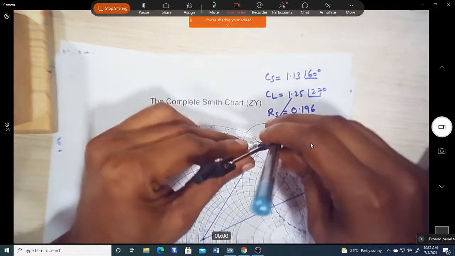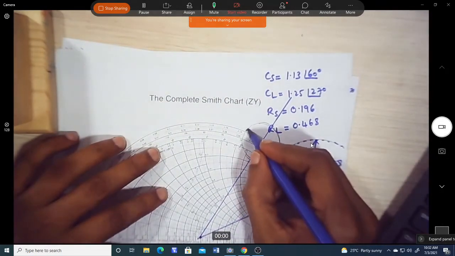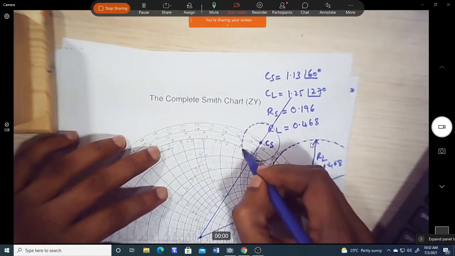I am drawing approximately, you can draw it properly later. And now this is your input stability circle.